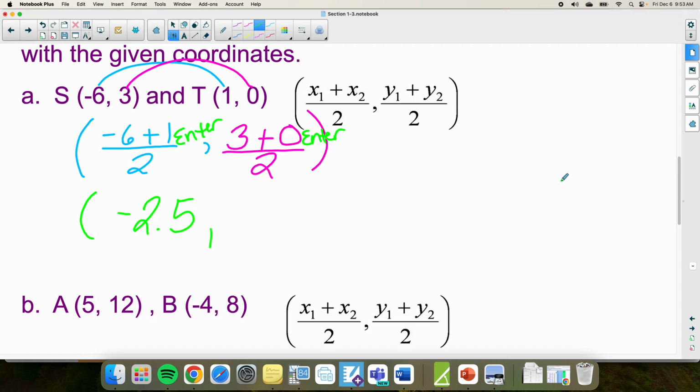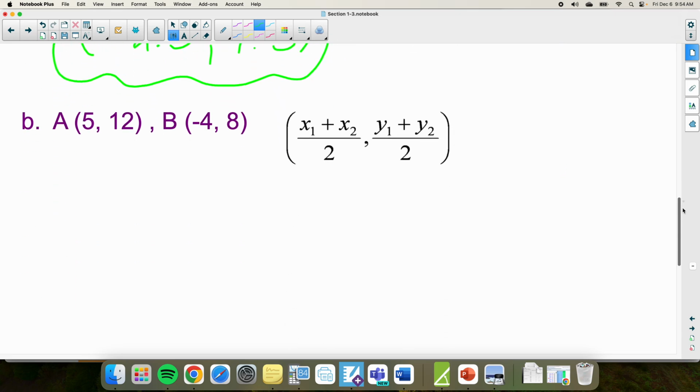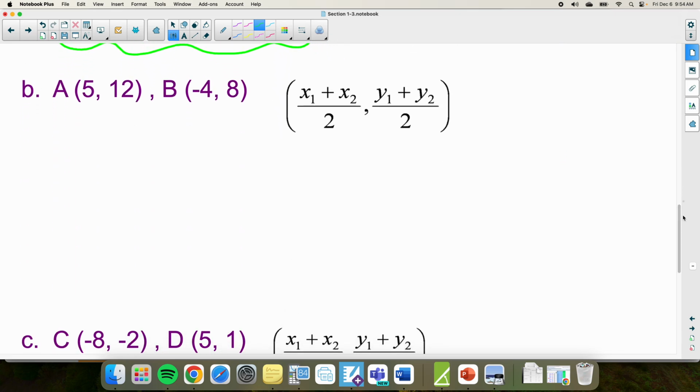Then when you do this one, 3 plus 0 is 3, enter, divide by 2 is going to be 1.5. Is that what you guys got? Yes. Goes for the next one, where the 4 is a negative. Is that subtracting? Yes, or I would probably think of it as 5 plus a -4 divided by 2, rather than subtracting. If you want to subtract, that's fine. Yep. Okay, let's look at this one.